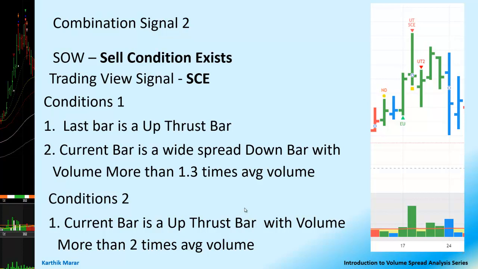That means an upthrust bar with huge volume means there has been a lot of selling, a lot of weak hands trapped in these bars. So definitely it will call for more weakness, and a selling condition does exist. So you would find this condition more often than the first condition. Now let's look at some examples.